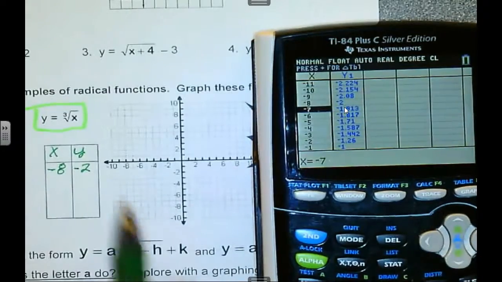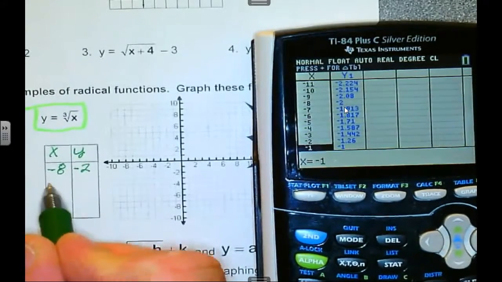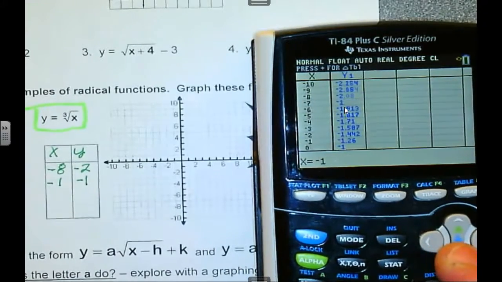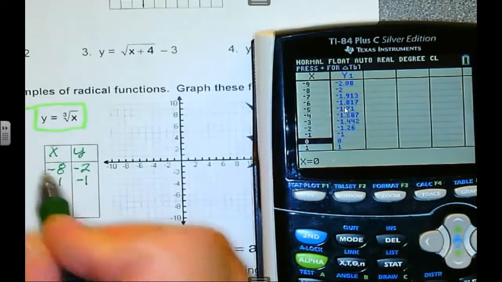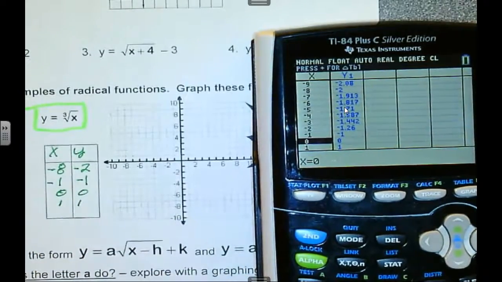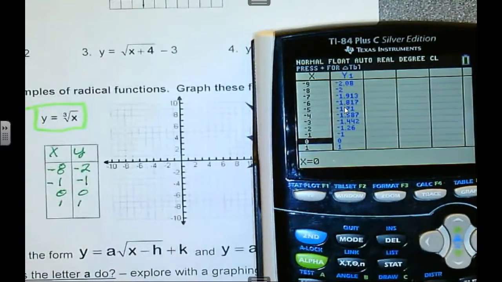I just want to start as far as I can and end as far as I can. -1, -1. Our whole numbers for the y. Oh, 0, 0. 1, 1. If you could do this in your head, you're going to make your life so much easier. Because all the transformations you can do without a calculator if you know these points. And I'll show you that tomorrow.